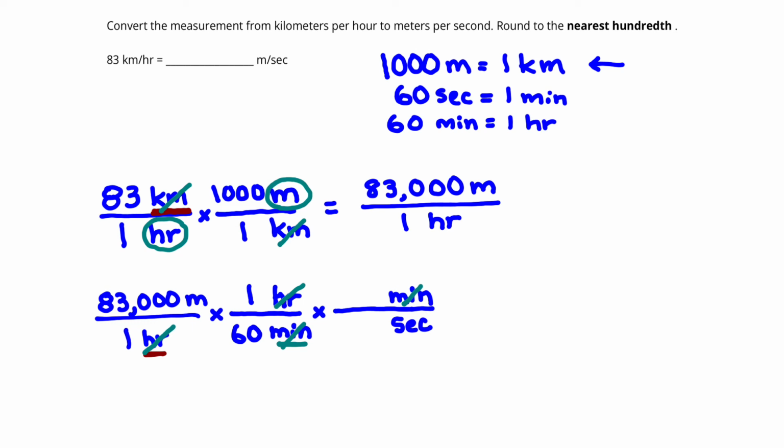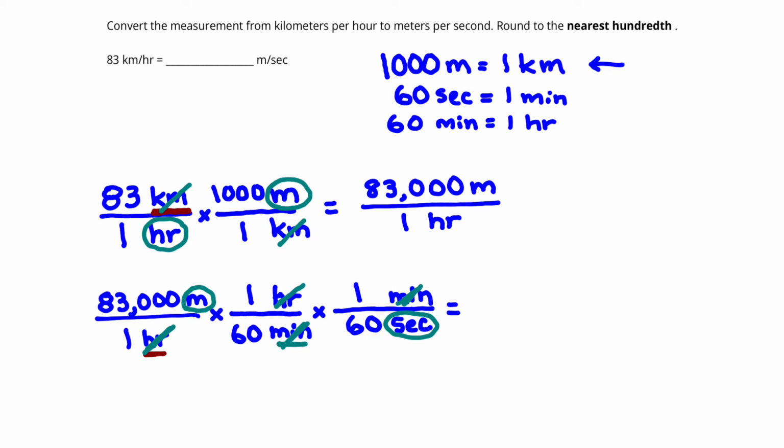And the relationship is that there are 60 seconds in 1 minute. Okay, so notice my hours have canceled, my minutes have canceled. Therefore, I'm left with just seconds in my denominator, like I want to be, and meters in the numerator, like I want to be.